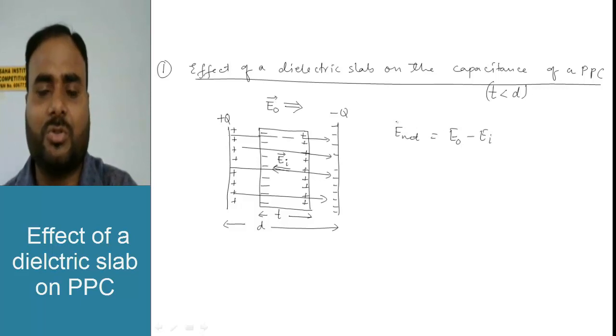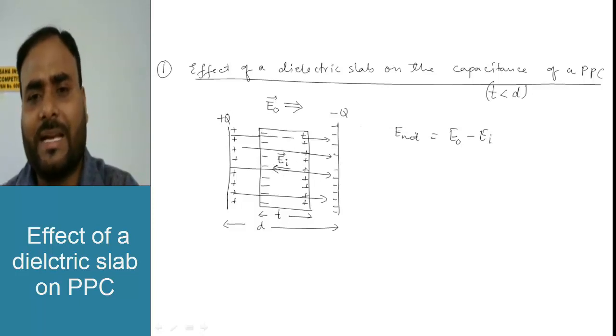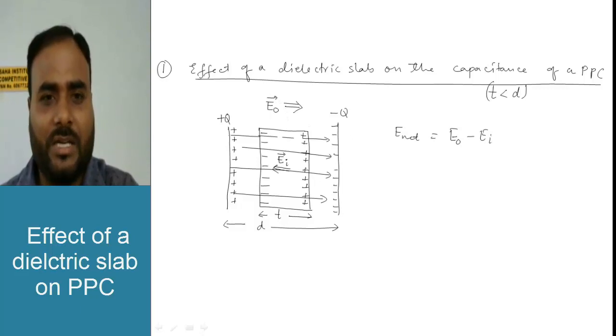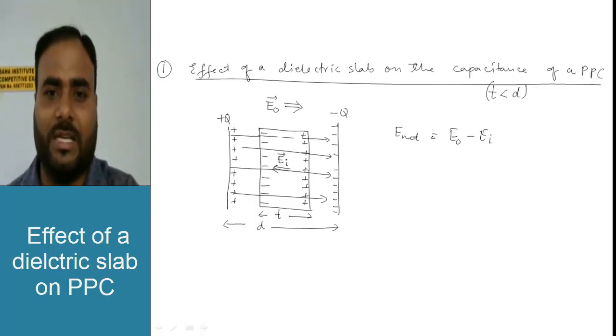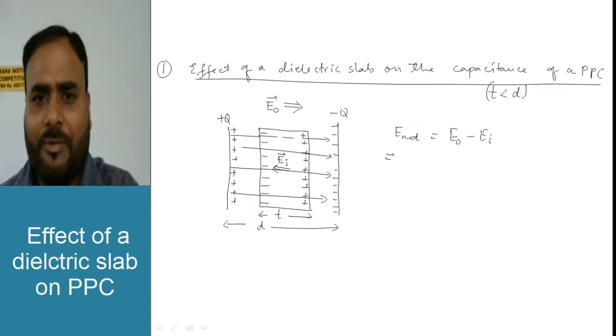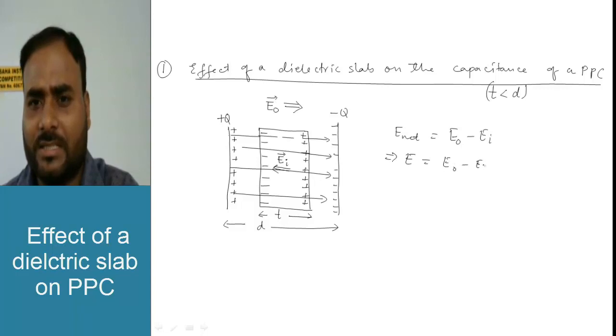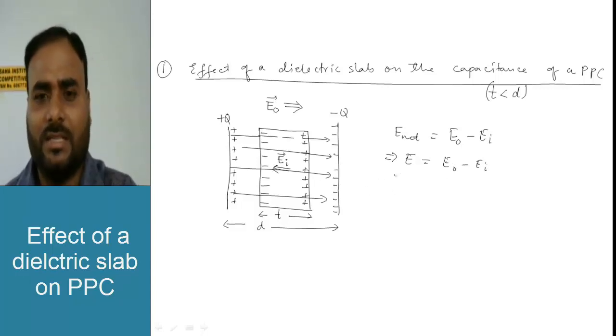That is also true, but the vectors are in opposite directions, so only the magnitudes can be written as the difference between the greater magnitude of the electric field and the smaller magnitude. If I denote this E net as E only, that can be written as E equals E naught minus EI.